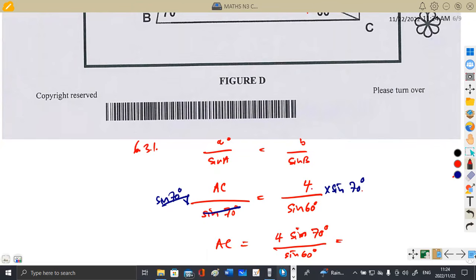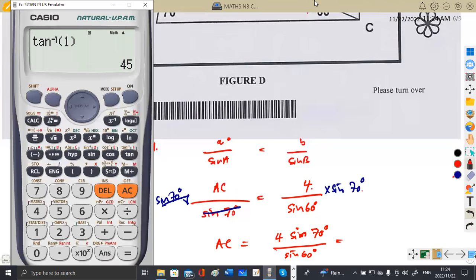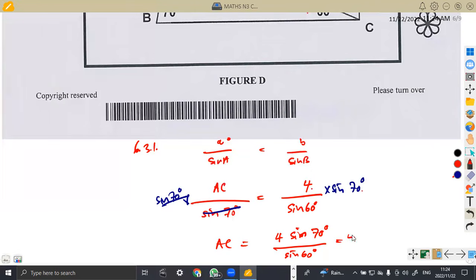From there, we can use our calculator to simplify that. We've got 4 sine of 70 in brackets, divided by sine of 60 degrees. That is 4.3402, something like that, which is 4.34.